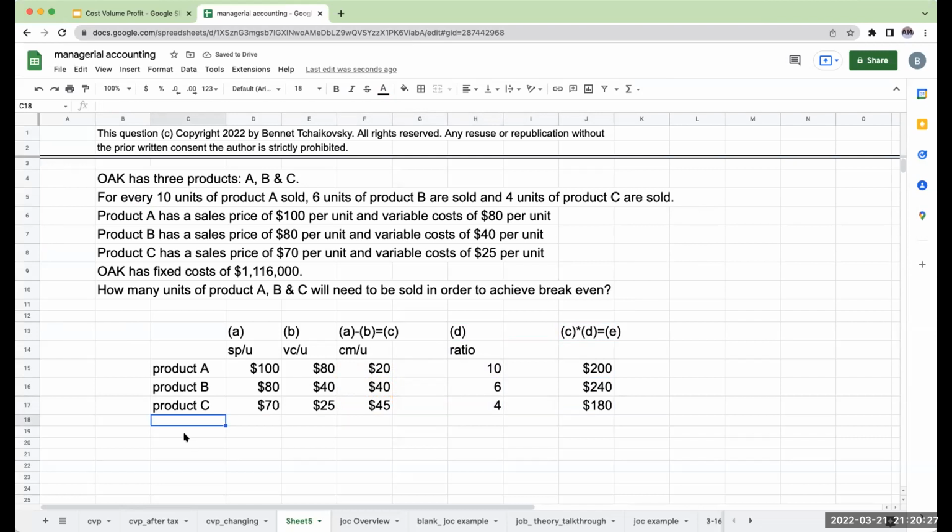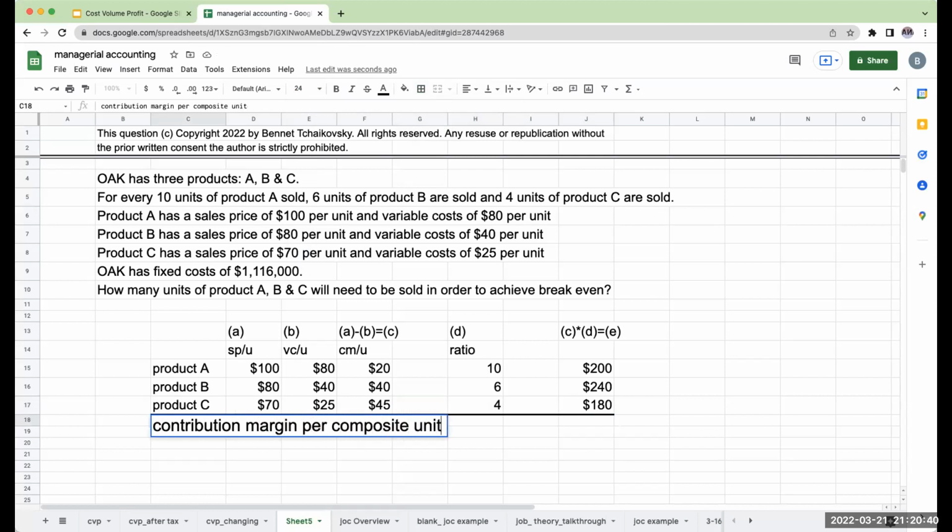My contribution margin per composite unit is going to be the sum of these 3 values.